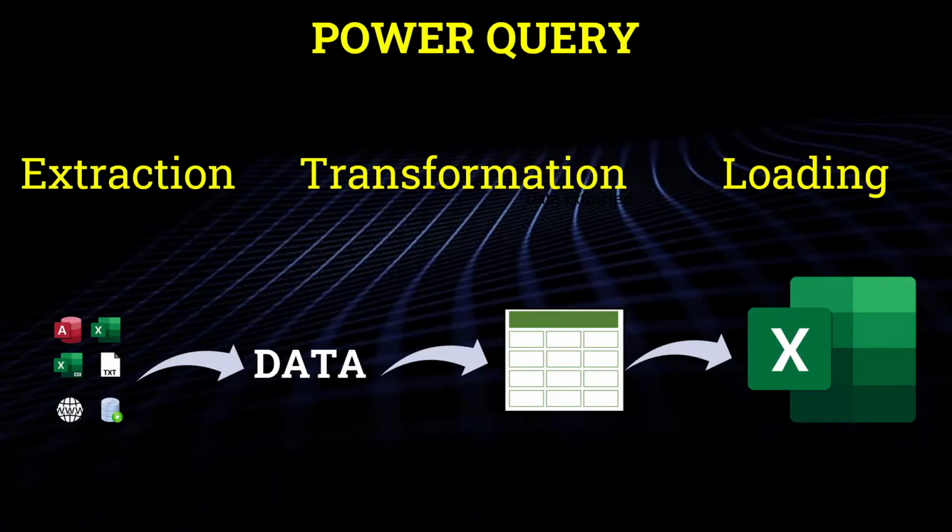You just have to refresh your query, and all your data gets refreshed and you have the new data with all the changes that you have done as part of transformation, and you don't have to do it again and again. This reduces a lot of the effort that you spend maybe every week or every day, whatever the frequency of your data is. That effort gets reduced a lot with this automation.